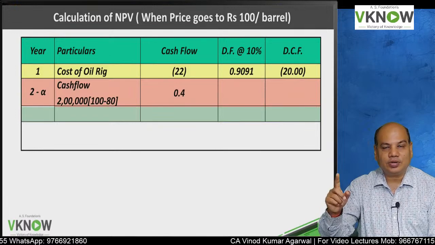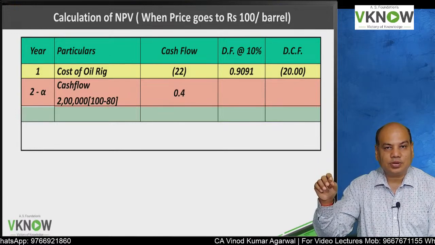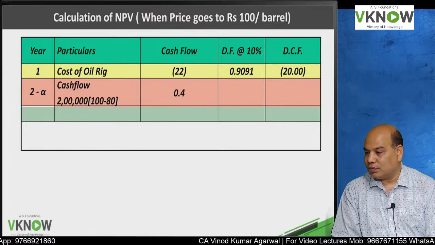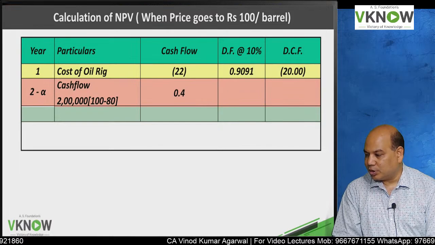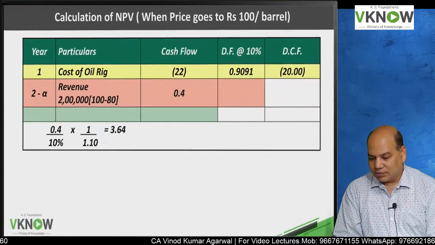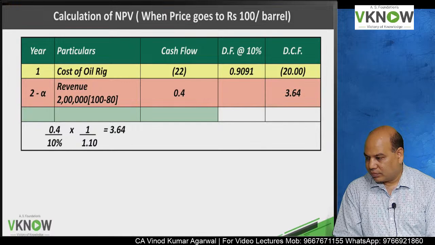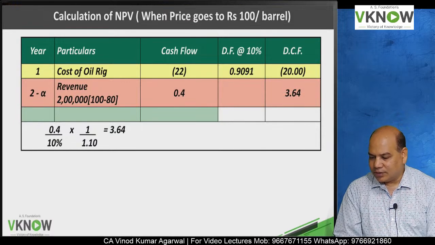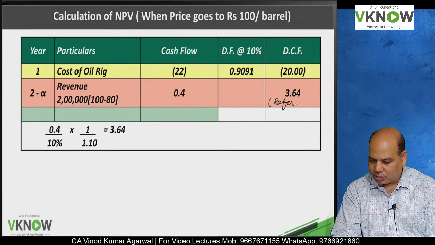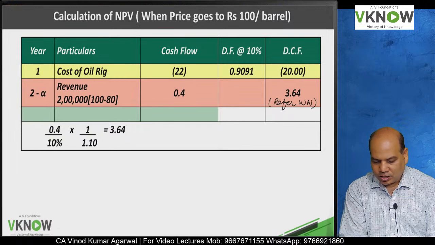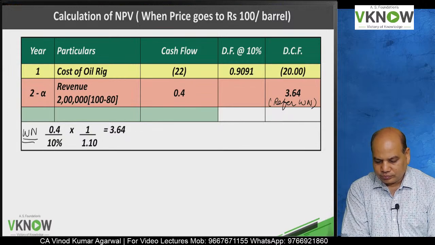What is the answer in the last column? First you divide 0.4 by 10%, then divide by 1.10, then divide by 1.10. 3.64 is the answer. Refer working note below and write here working note.